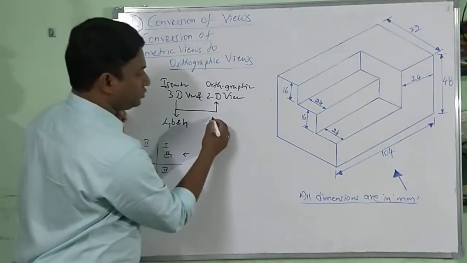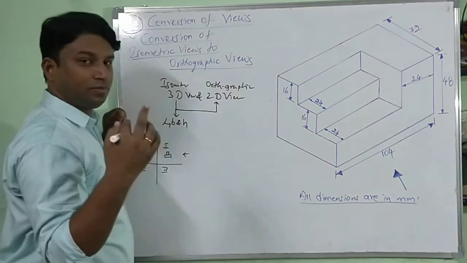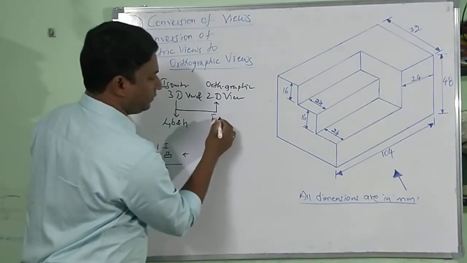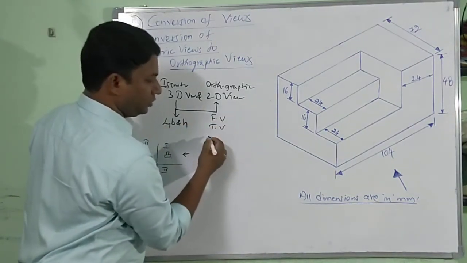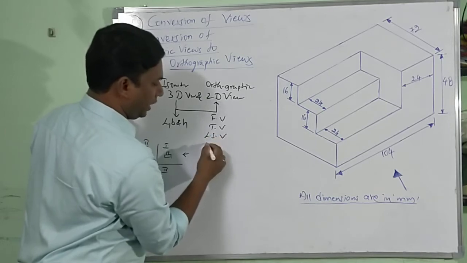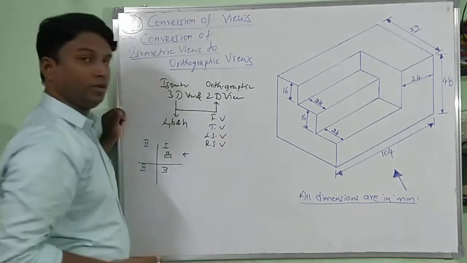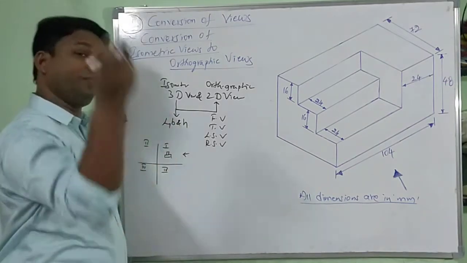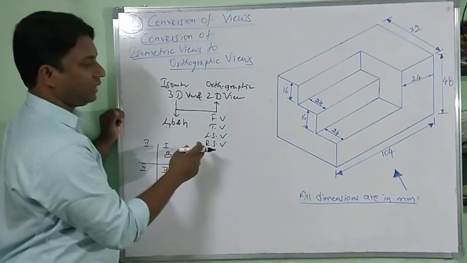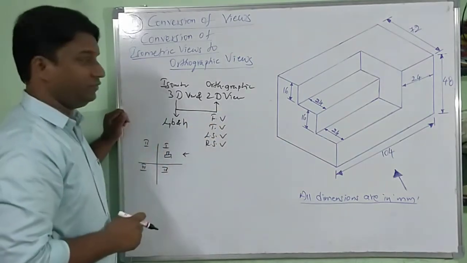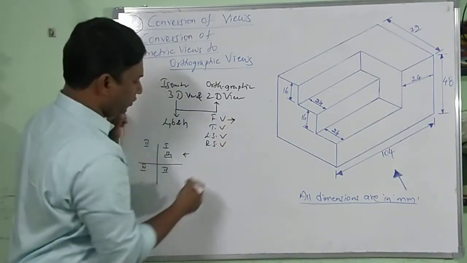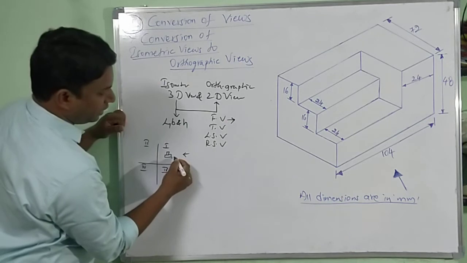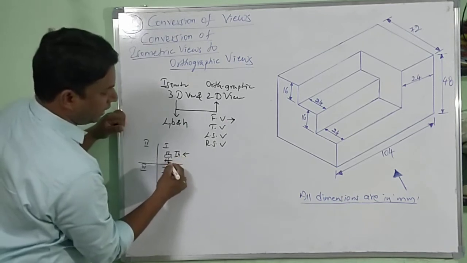Here, the two-dimensional views are a maximum of three types: front view, top view, left side view, and right side view. See here, generally any two of the three dimensions, length, breadth and height, will form these two-dimensional views. Your front view, if you look from here, will cover height and length.